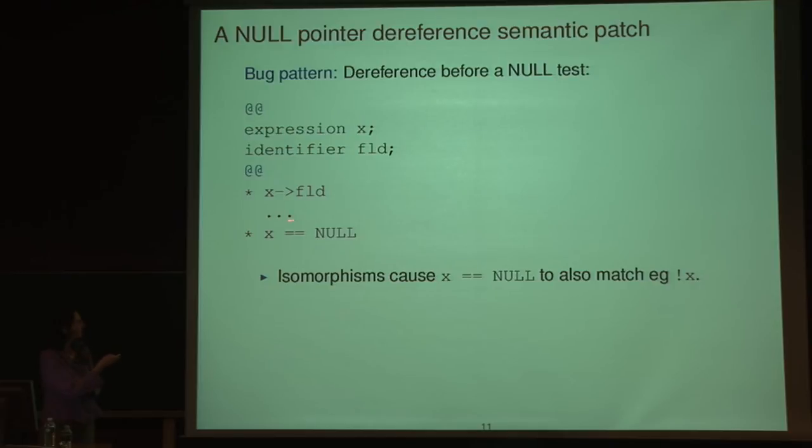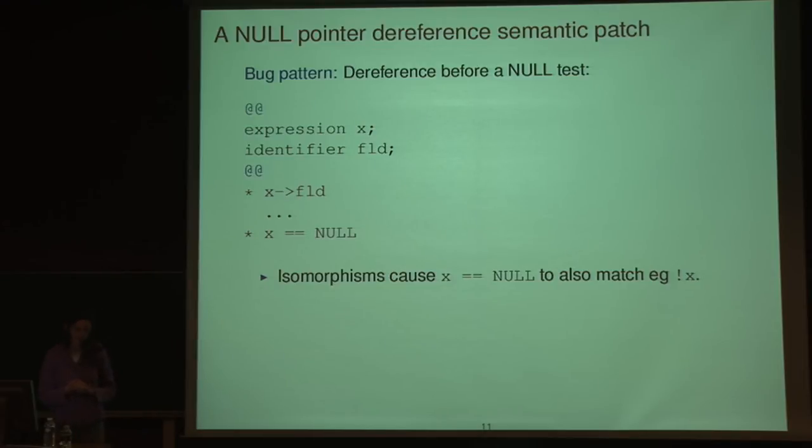This ... notation here means some unknown code occurs in between the two, and actually there's an execution path that will get you from here to here. So it's not just a syntactic notation. And these little stars mean I don't have any particular transformation I want to perform. I just want to be informed about the presence of these things.